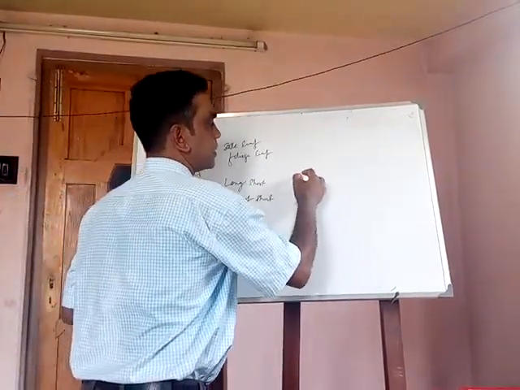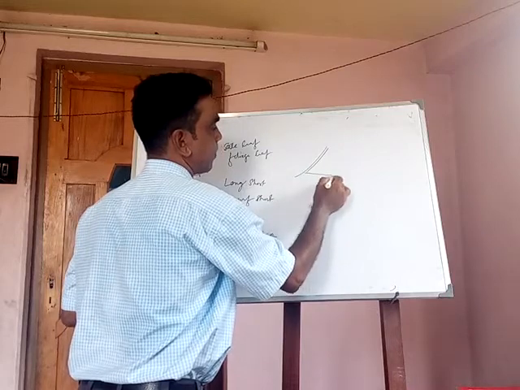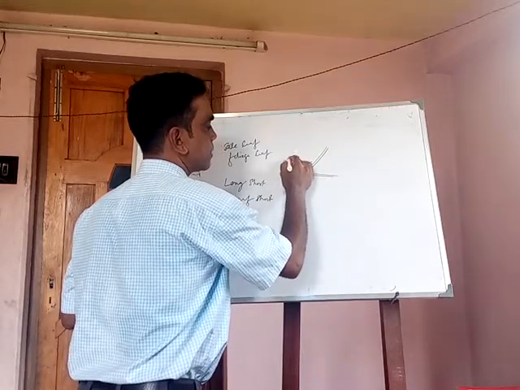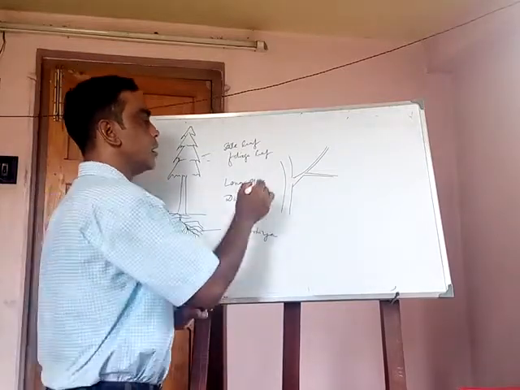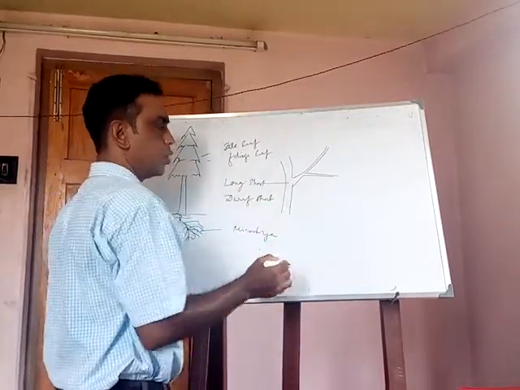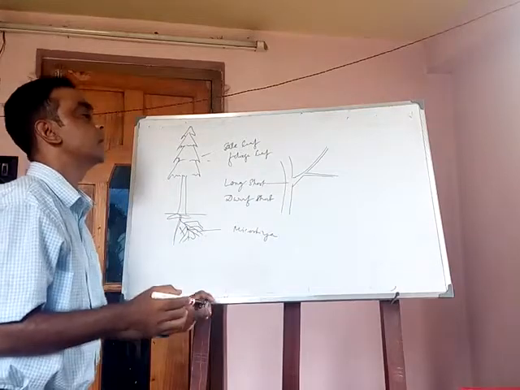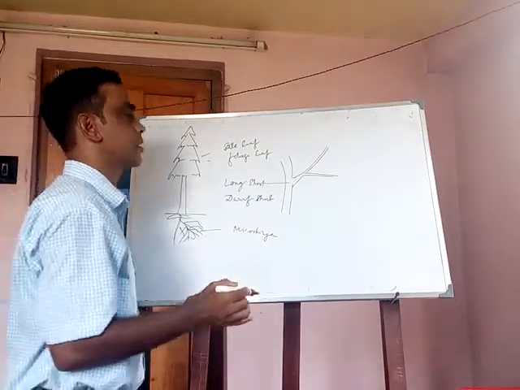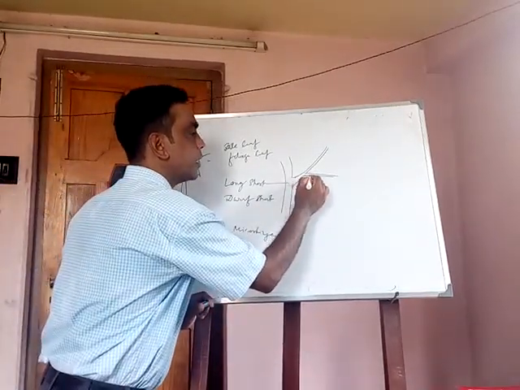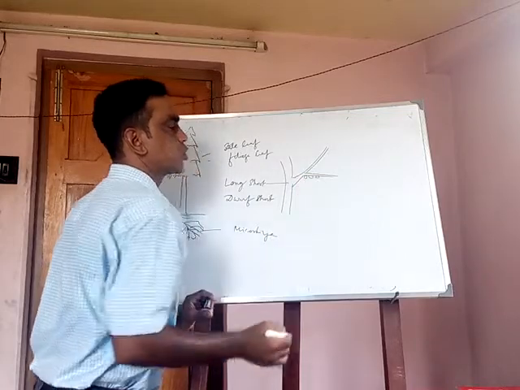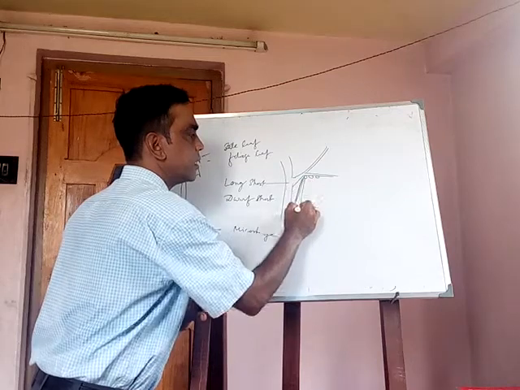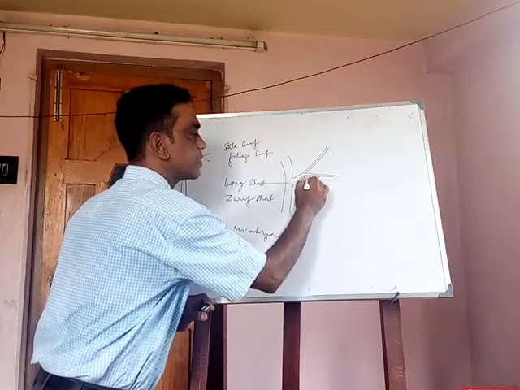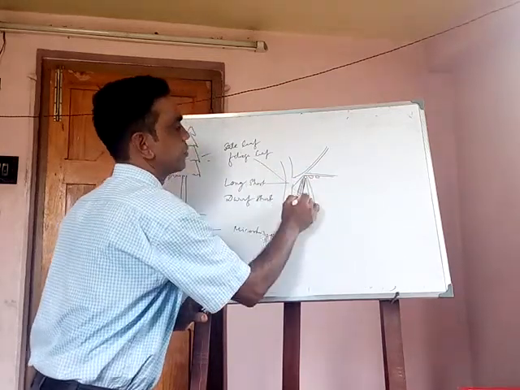Here, the persistent type of branch of the stem is called the long shoot, which cannot be shed during the stages of the life cycle, but the dwarf shoots are found carrying the needle-like leaf, that is the foliage leaf.